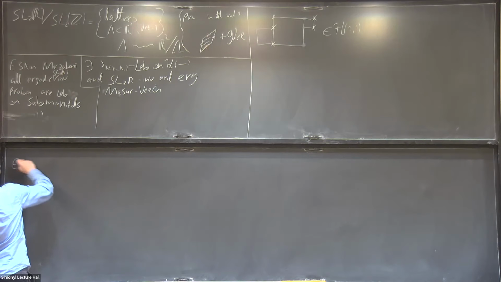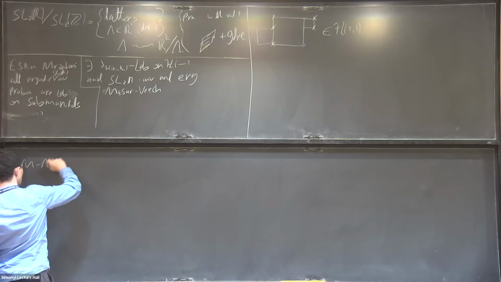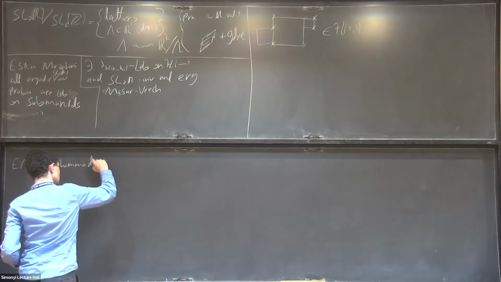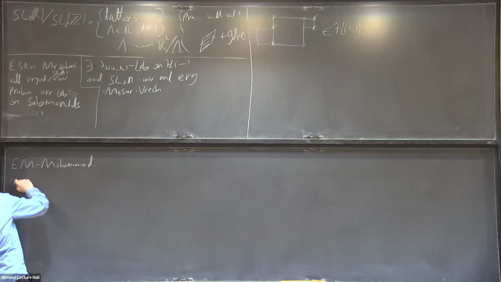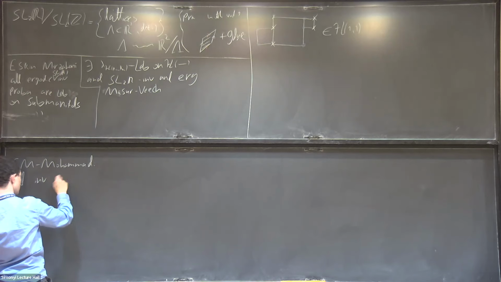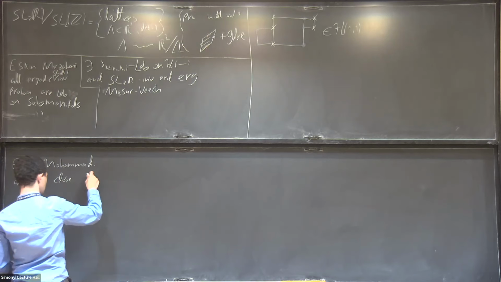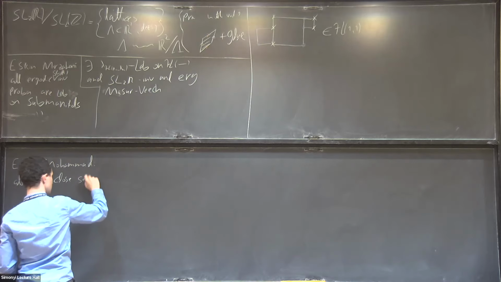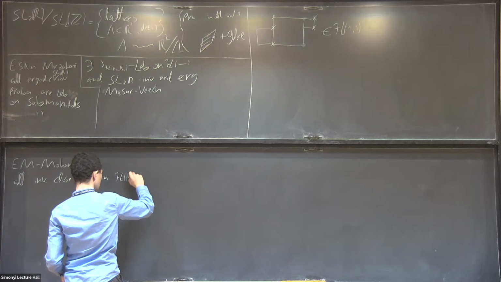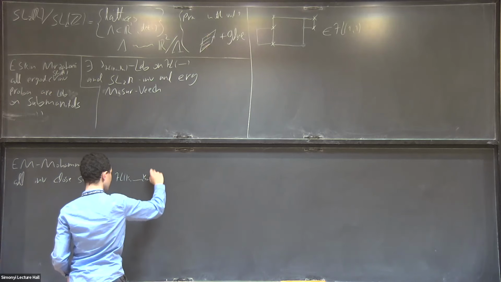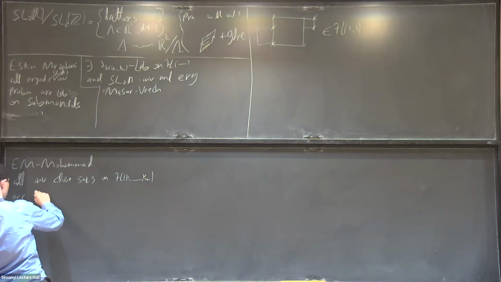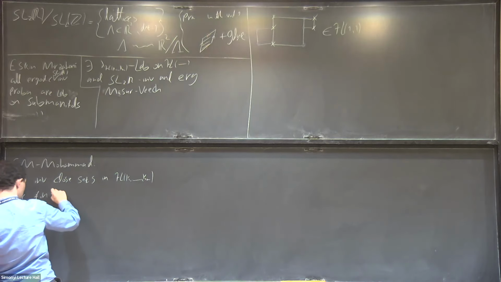So Eskin, Mirzakhani, and Mohammadi showed that all invariant closed sets in H(k1 to km) are finite unions of manifolds.